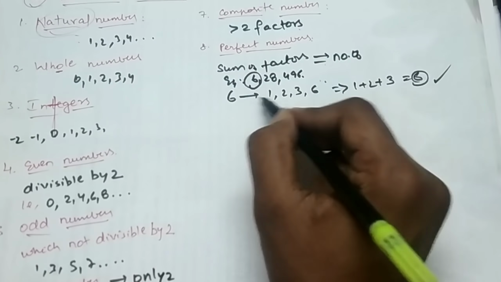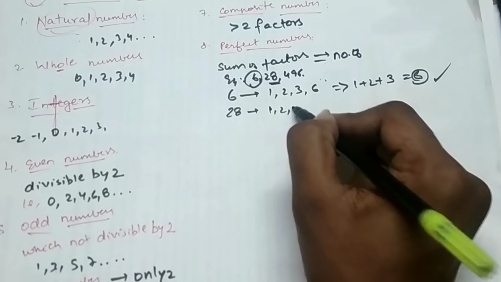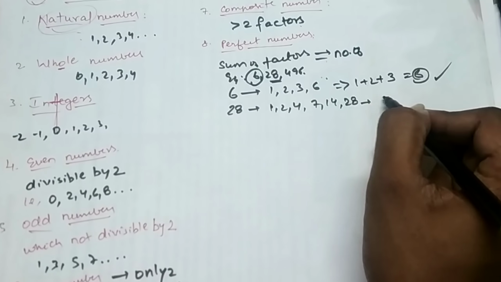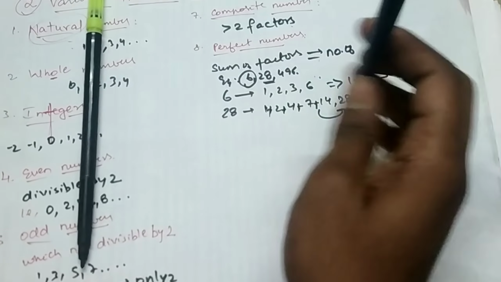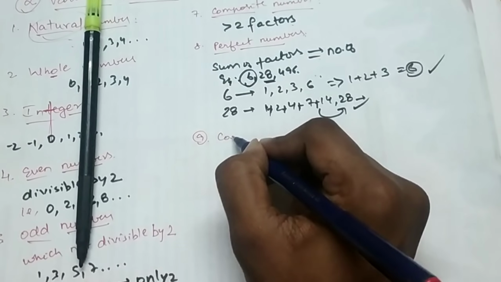So 1 plus 2 plus 3 equals 6, so it is called a perfect number. And if we take 28, the factors are 1, 2, 4, 7, 14 and 28. If we add them, we get 28.